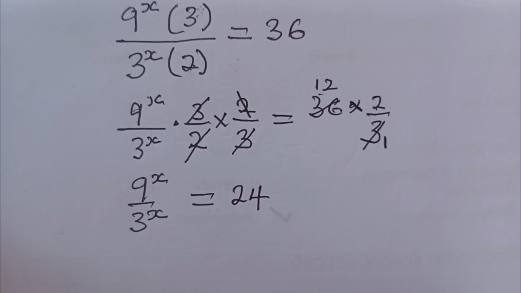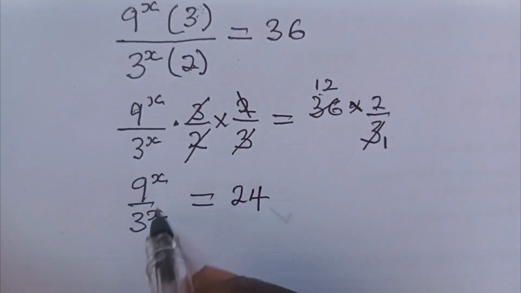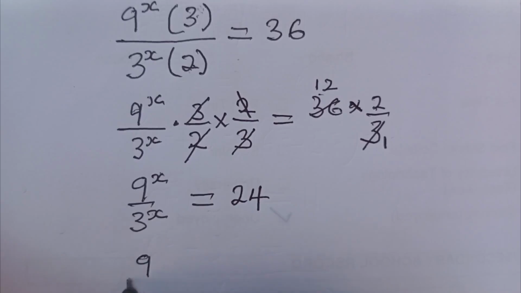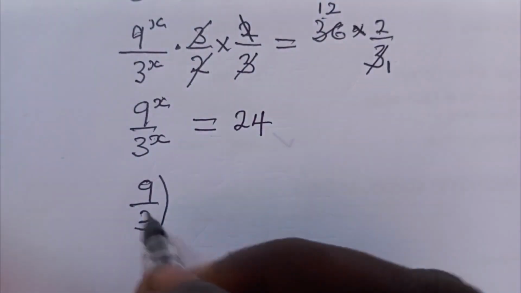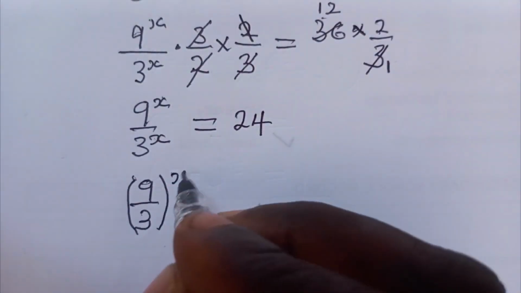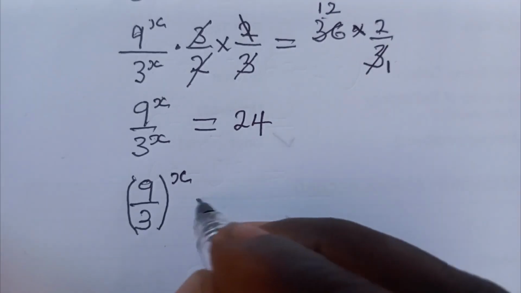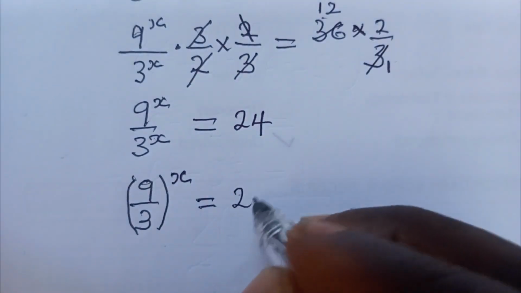So we can apply the power rule here, that is, they are having the same index. So we can easily see 9 divided by 3, all of index x, because they are having the same index. So we combine their index.